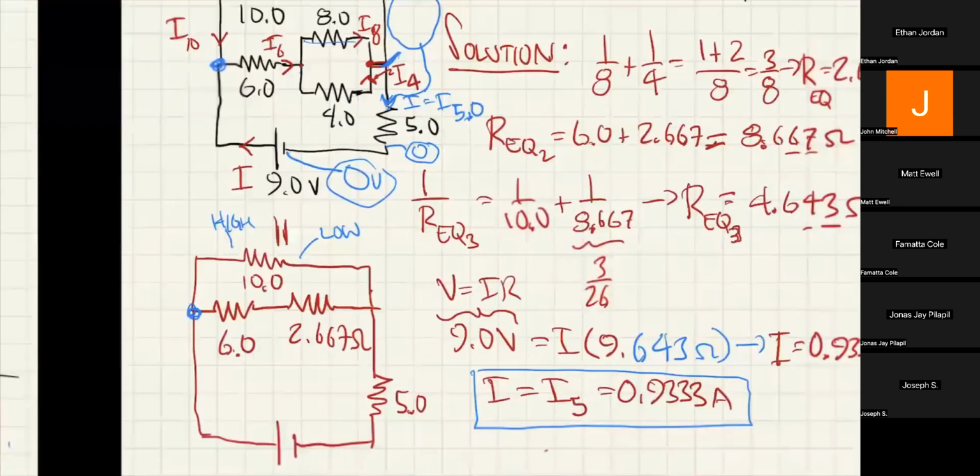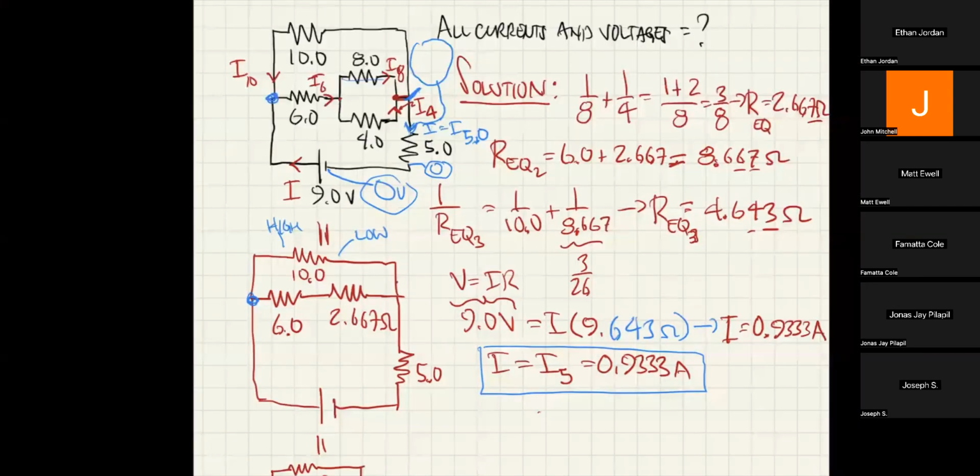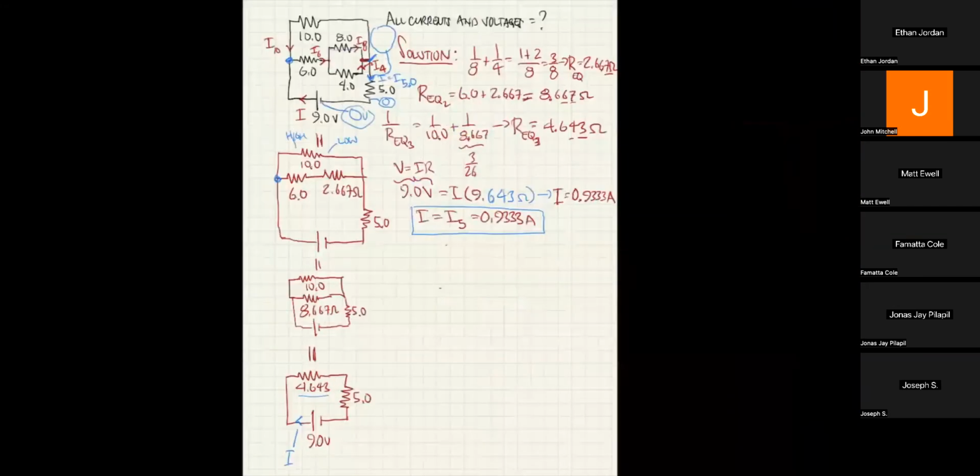There you go. Okay. So what we know is that since the I went through I5, if we take that I and multiply it by 5, then we should get the voltage drop across it. So 0.933 times 5 gives me 4.667. 4.6666, in other words.